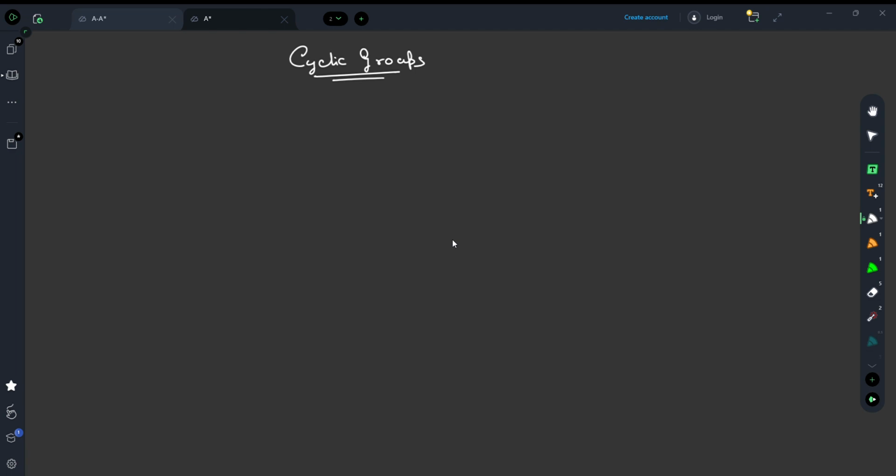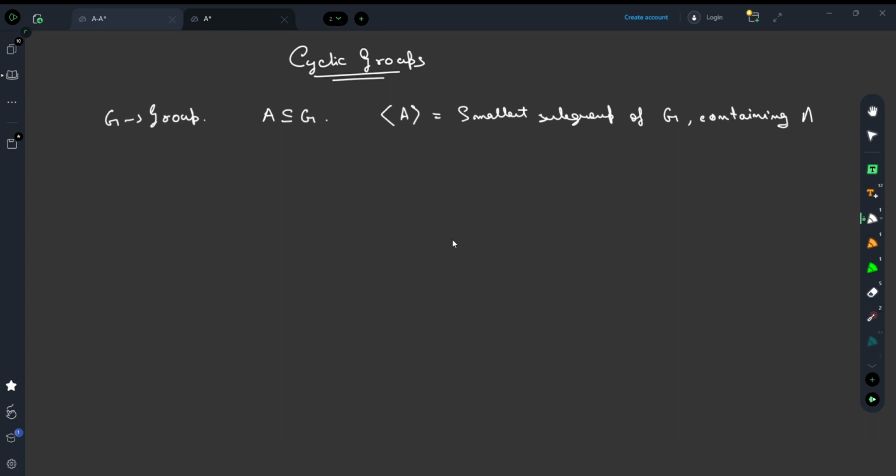So in the previous lecture, I had given an introduction to what cyclic groups are. Precisely, if you recall, we had discussed that if G is a group, and we considered a subset A of G, then we denote this to be the smallest subgroup of G containing A. Okay, the smallest subgroup of G containing A, and there were two very specific structures given to you.